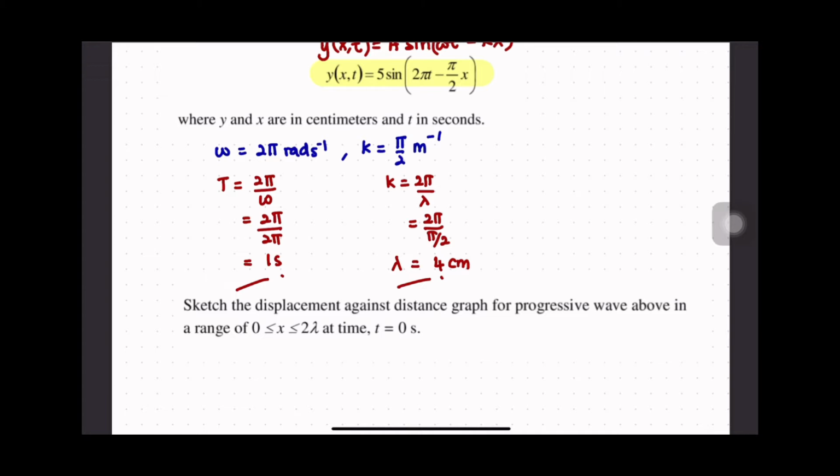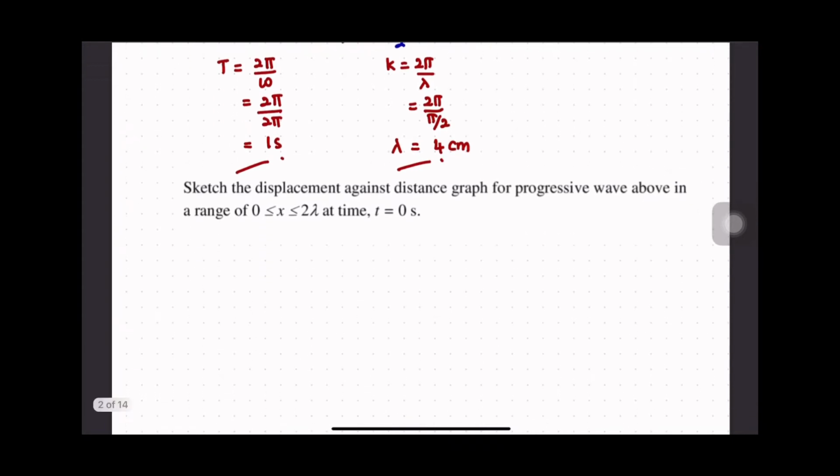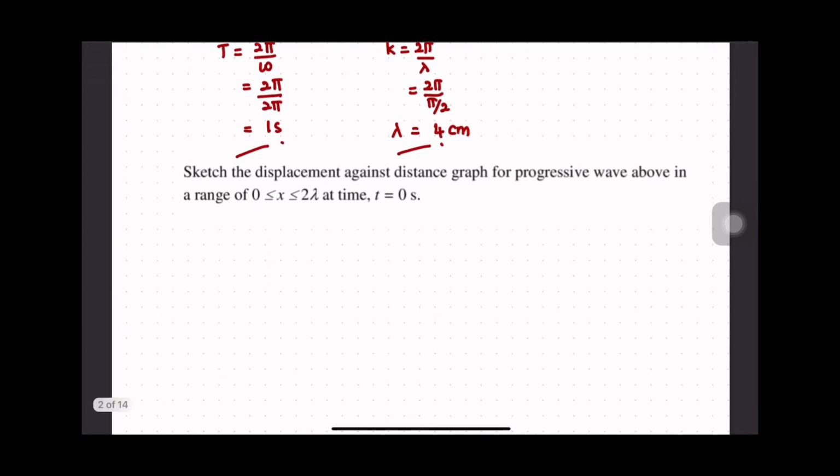Okay, next. Sketch the displacement against distance graph for the progressive wave above in the range of 0 to 2λ when time t is equal to 0.